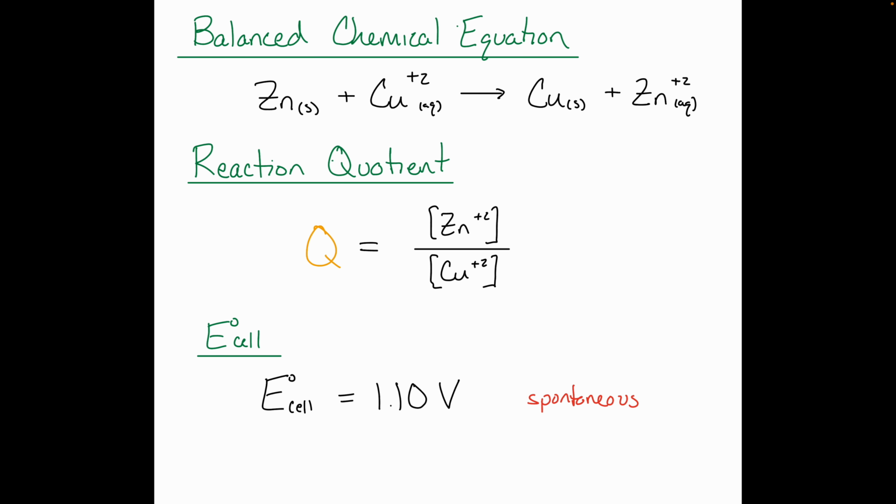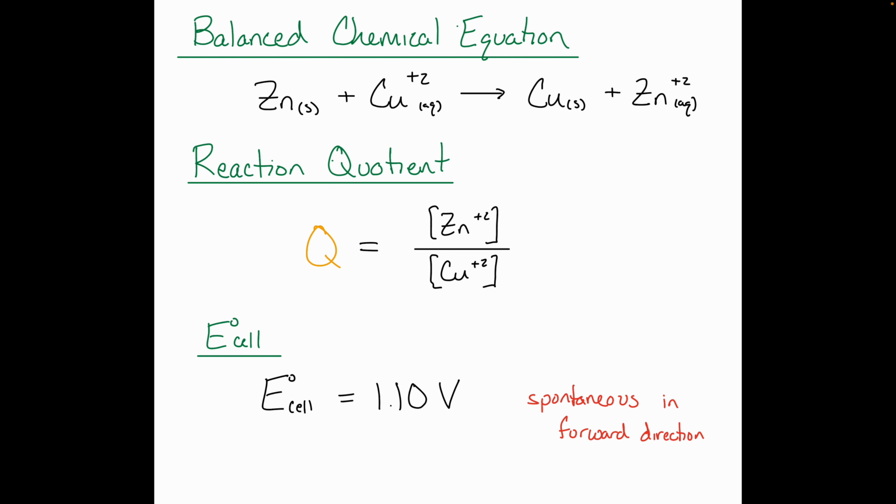We proved that as well by looking at that delta G. Let's remind ourselves what that means. It means it's spontaneous in that forward direction. This reaction will indeed convert zinc and copper ions into copper and zinc ions. That's what we mean by spontaneous, is that this thing is going to move forward.